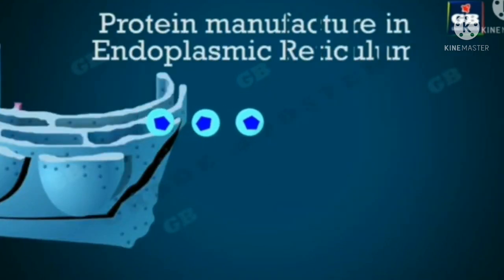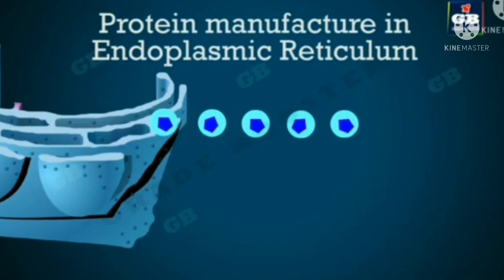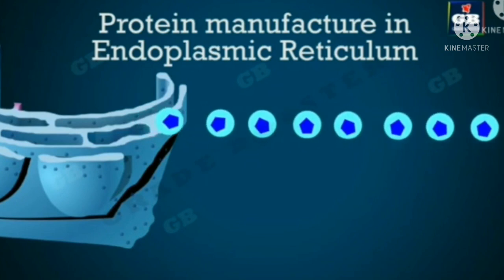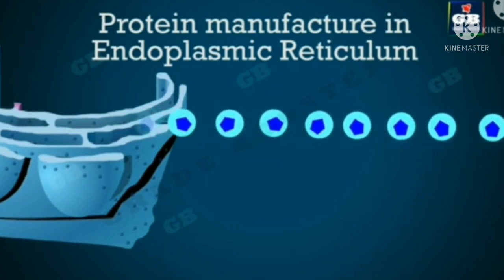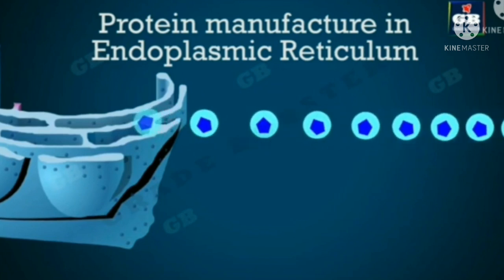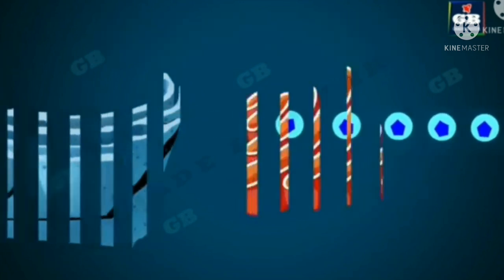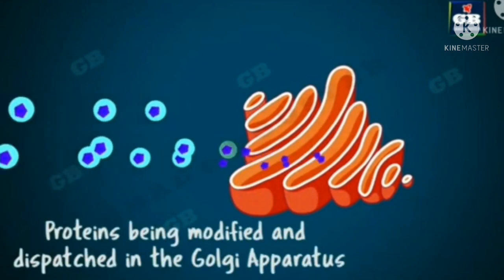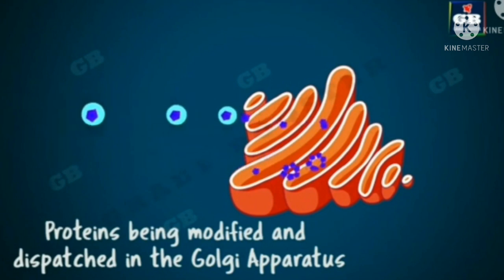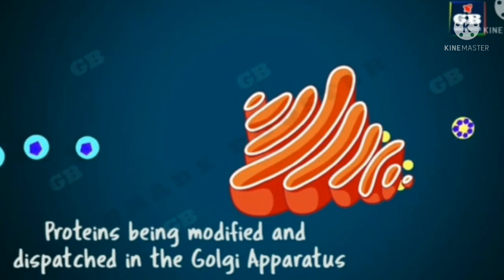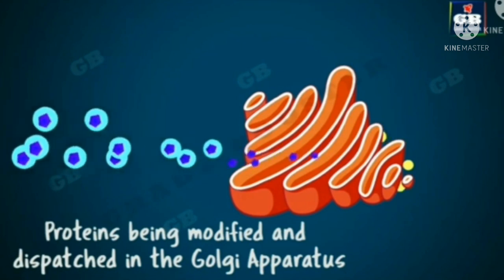In the same way, in our cells, protein molecules are manufactured in the endoplasmic reticulum and then sent to the Golgi apparatus for modification, packing and dispatch. The proteins are modified, stored, and when needed, packed and dispatched in the form of vesicles.